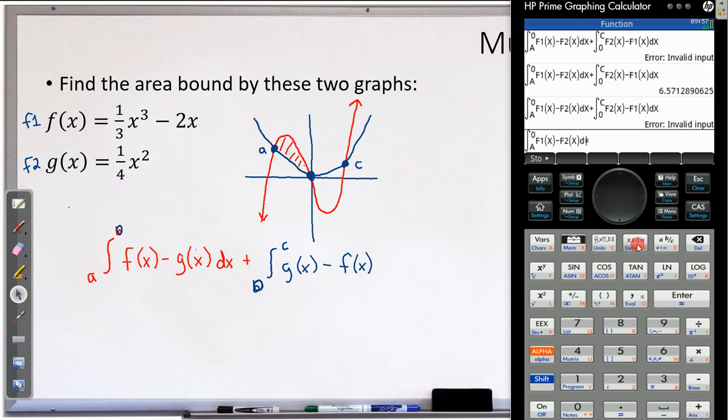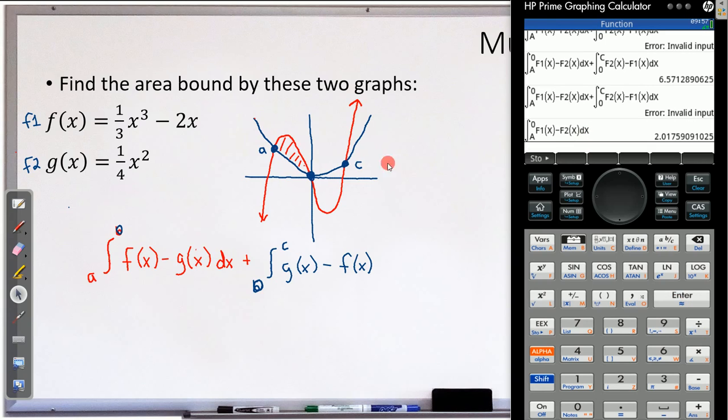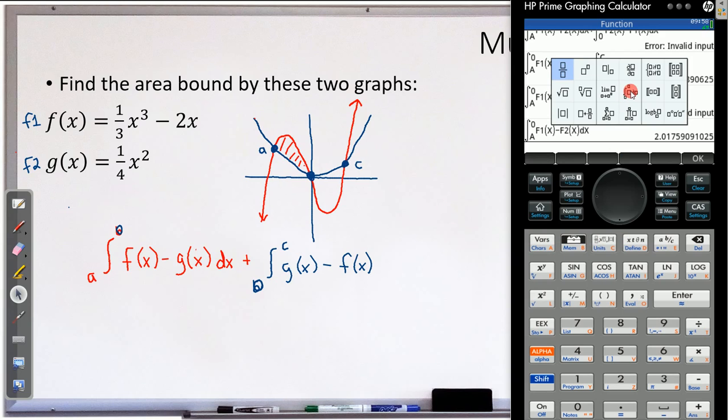Now here's where we had a problem. If I hit dx, and then if I hit the minus or the plus sign, that is still sort of inside the dx, and that was the issue. So what I might recommend to make sure that doesn't happen is just hit enter right now. That will give you the first area, this one here, and then do your second integral.